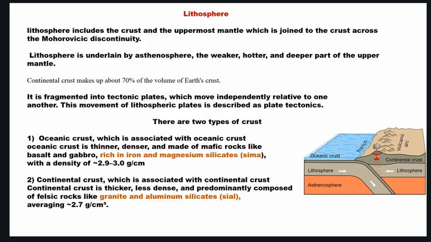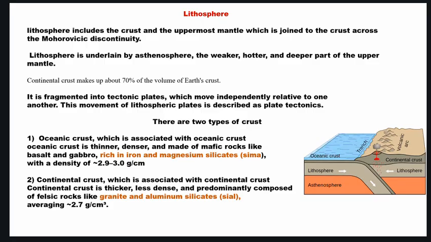So when you are asked to describe the lithosphere, you should know that the lithosphere is the outer shell of the earth consisting of the entire crust, both oceanic crust and continental crust, and the brittle upper part of the mantle.